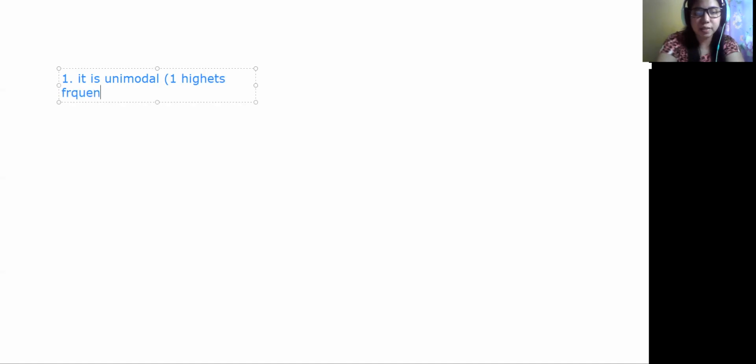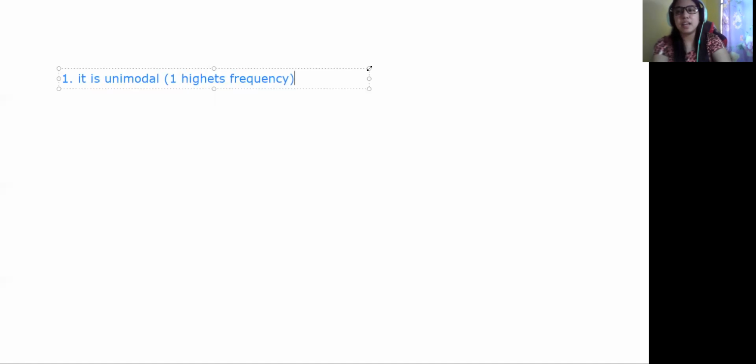We also explained that if the number of highest frequencies, for example, is 2, we call that bimodal. If 3, it is trimodal, or in general, if it is 3 or more, we can actually call it multimodal.